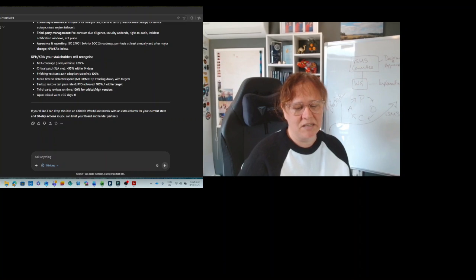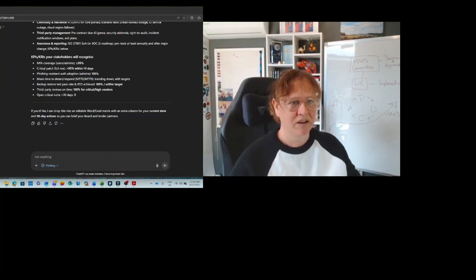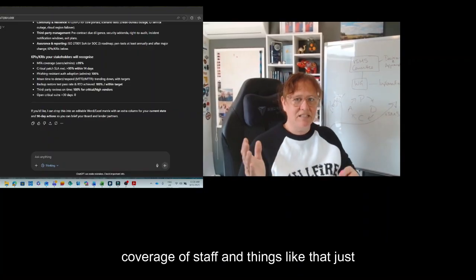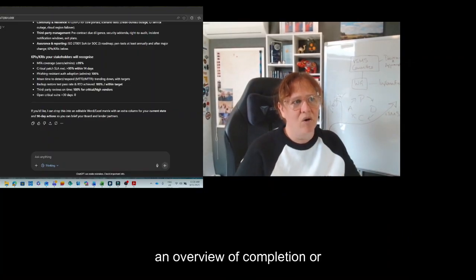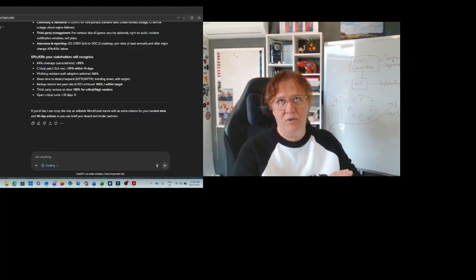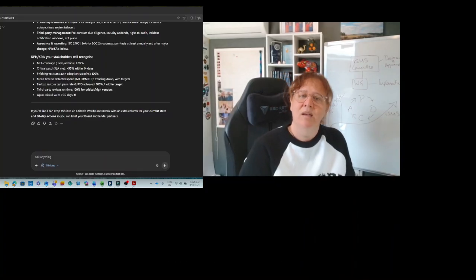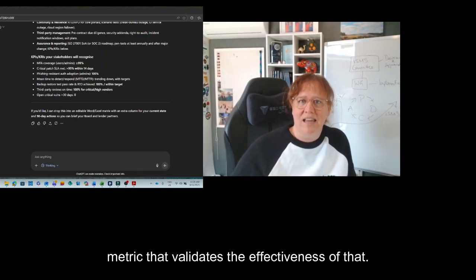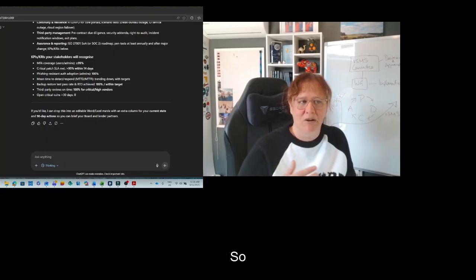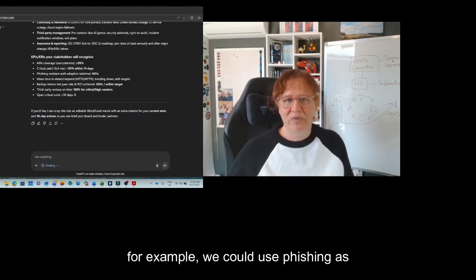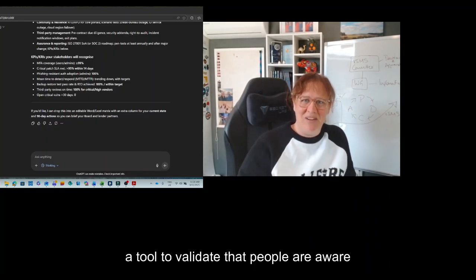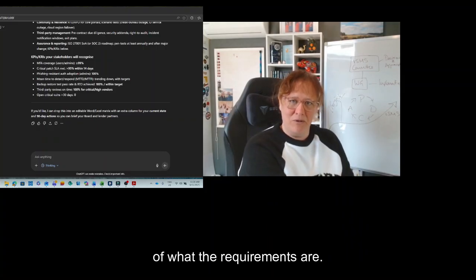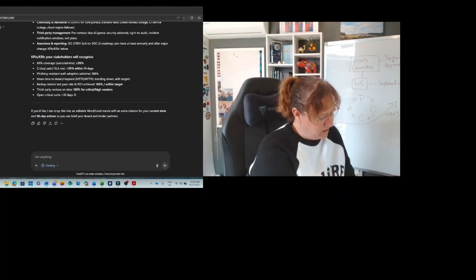You can set percentage pass rate or coverage of staff and things like that, just to give you an overview of completion or coverage of that control. But then you may choose another metric that validates the effectiveness of that. For example, we could use phishing as a tool to validate that people are aware of what the requirements are.